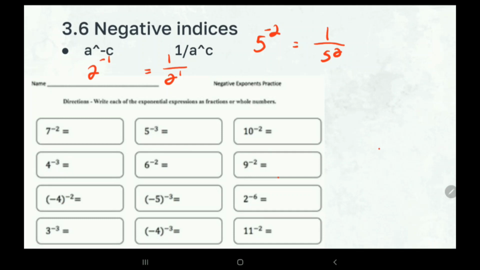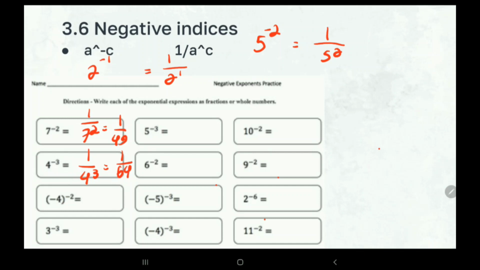Here we have 7 to the power of negative 2, it just means 1 over 7 squared, or 1 over 49. 4 to the power of negative 3, it will be the same as 1 over 4 cubed, or 1 over 64.